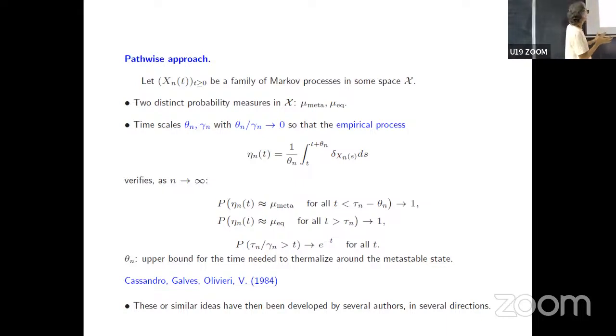So just the empirical, if it were discrete time, would be the moving average. But I just look in the window of time, t up to t plus theta_n, and I see the empirical measure. So this is the empirical process.